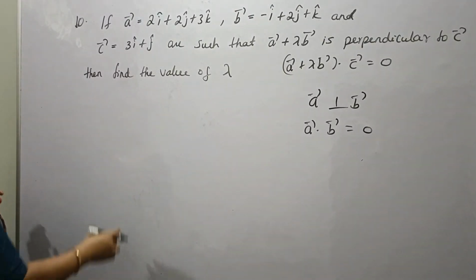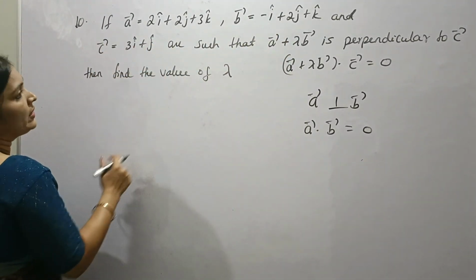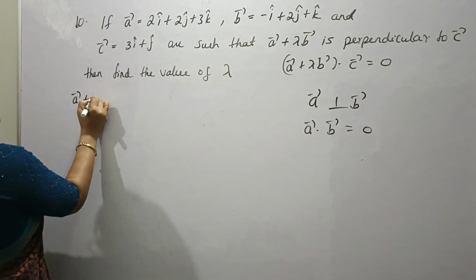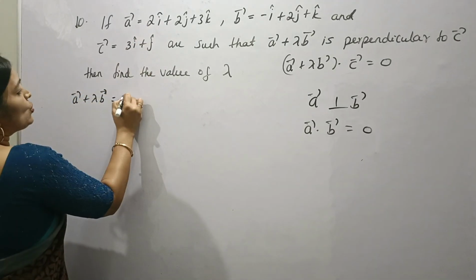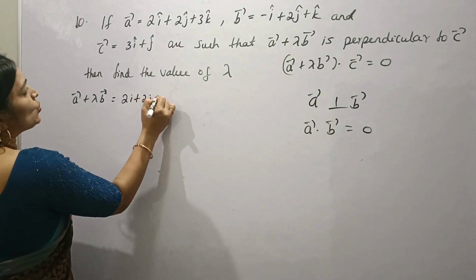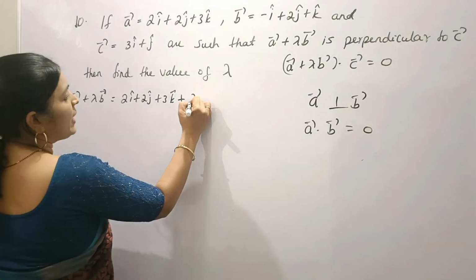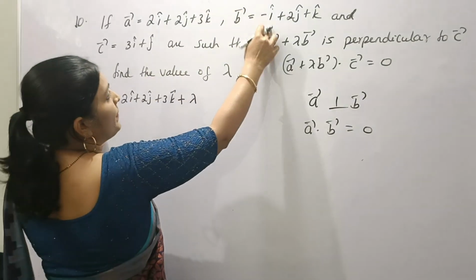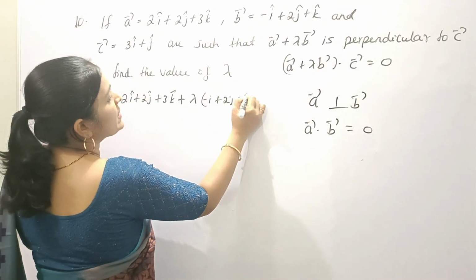So first of all, let's find this one. Vectors A, B, C are given. So vector A plus lambda vector B is equal to 2i plus 2j plus 3k plus lambda into vector B, that is minus i plus 2j plus k.